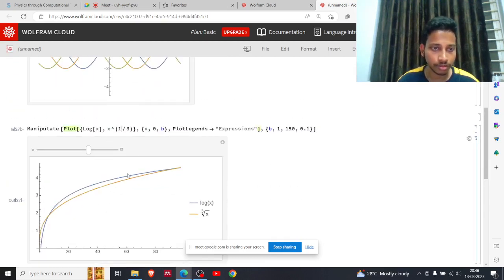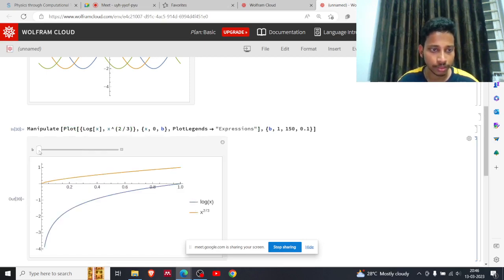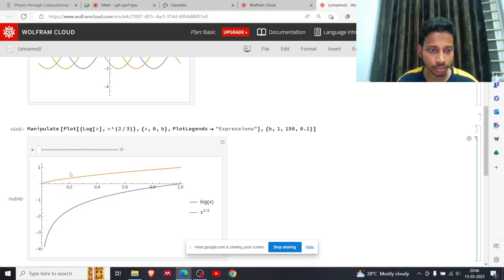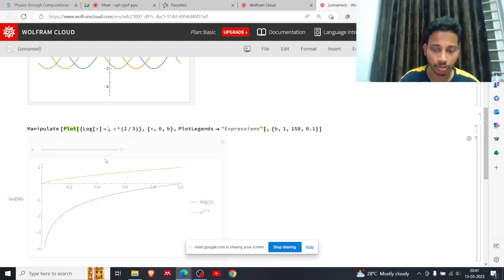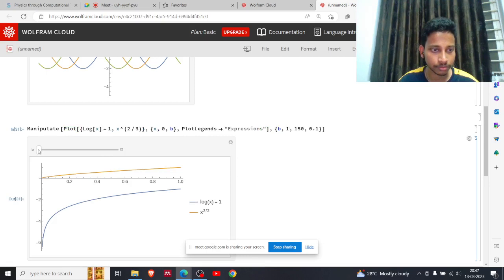Now if I replace this with 2, then here you can see that there is no intersection. So basically it is not actually intersecting with the log x graph.